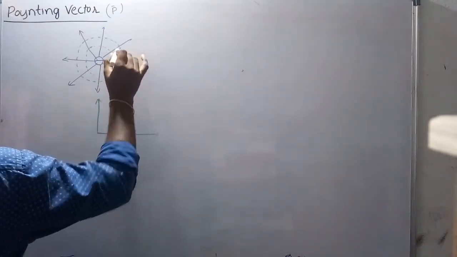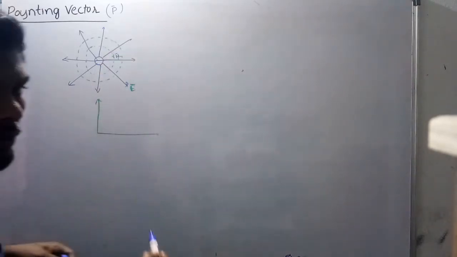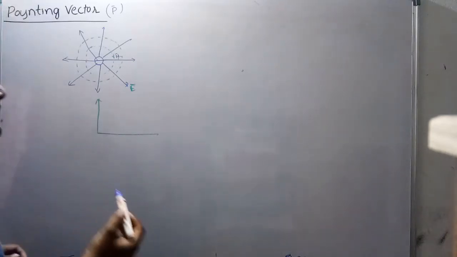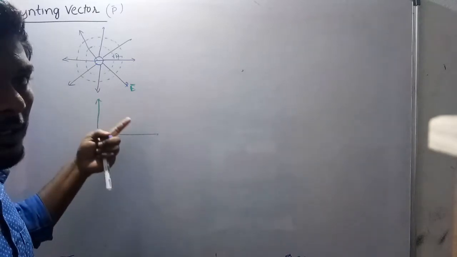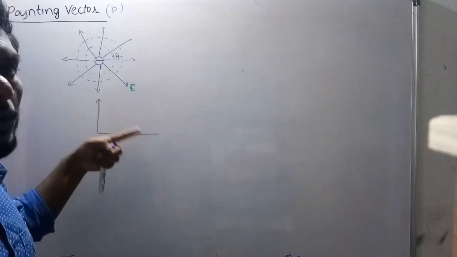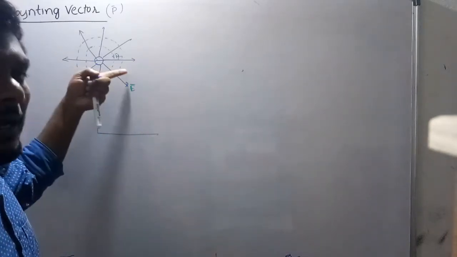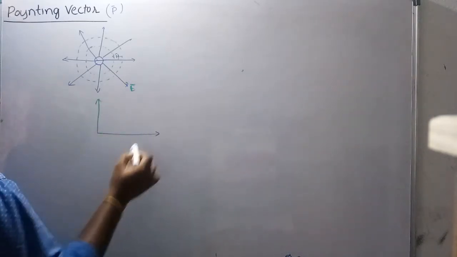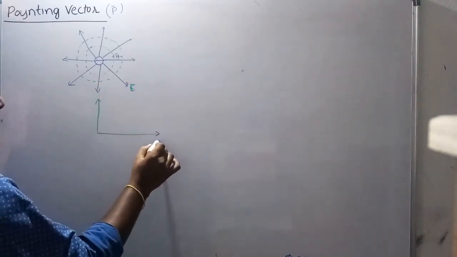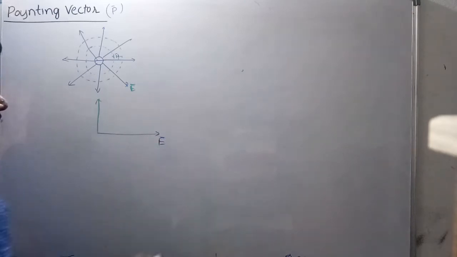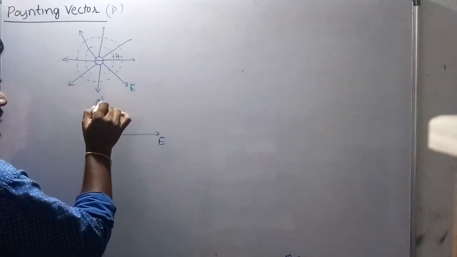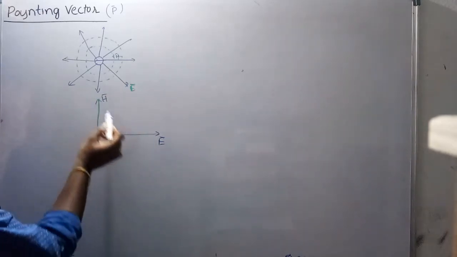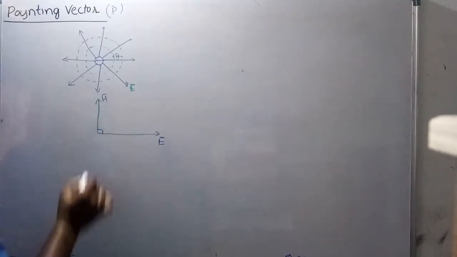These two are mutually perpendicular to each other, and the resultant of the electric and magnetic field is perpendicular to the electric field and magnetic field vectors. Suppose this vector is your electric field vector, and this is your magnetic field vector. As I earlier told, these two vectors are mutually perpendicular to each other.